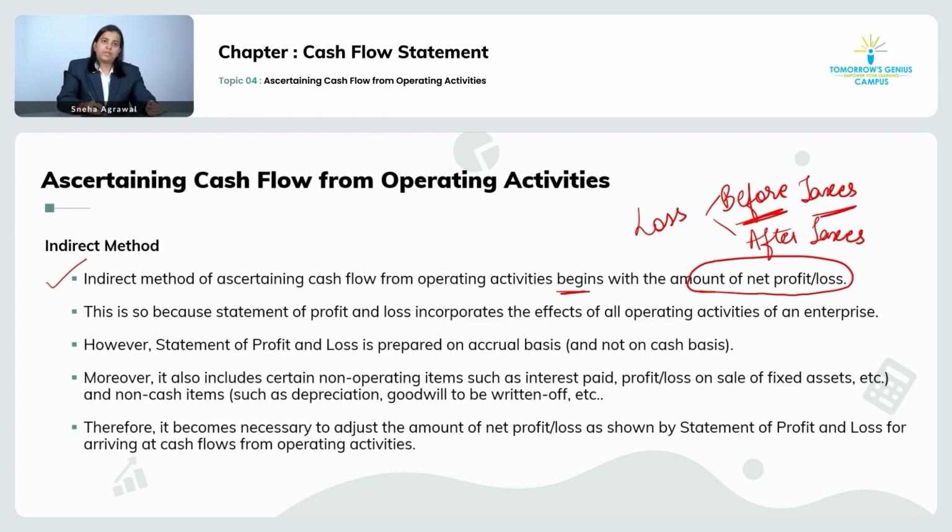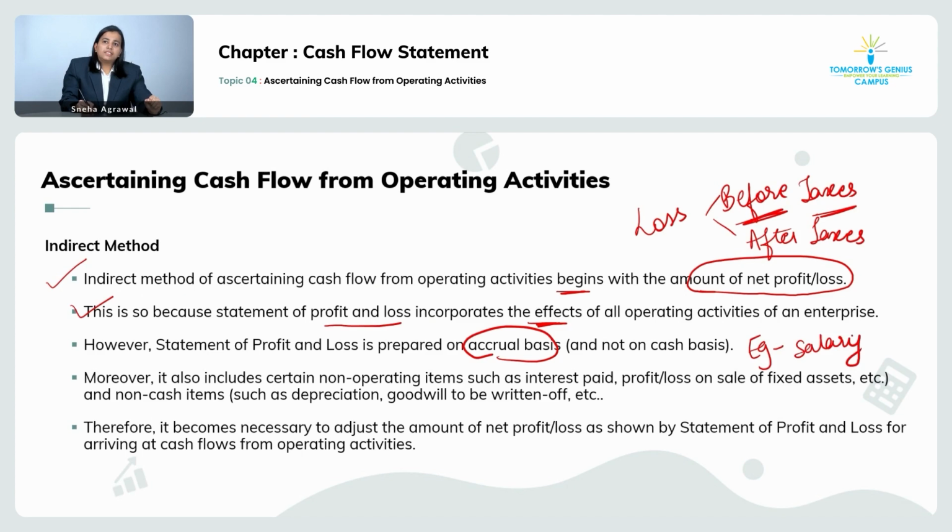Next, why do we have to do addition, deletion or prepare a special account? Because as per the accrual concept, we prepare the statement of profit and loss on the accrual basis and not on the cash basis. I'll give you one example. Salary.